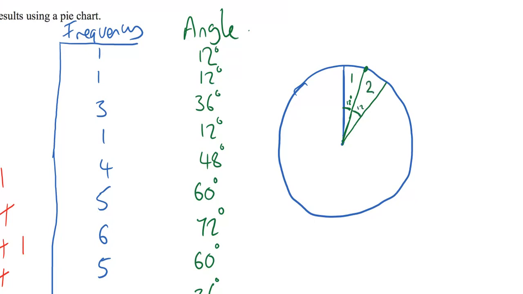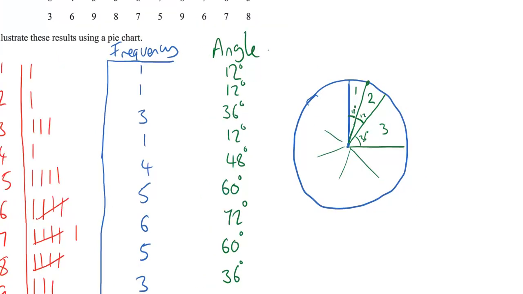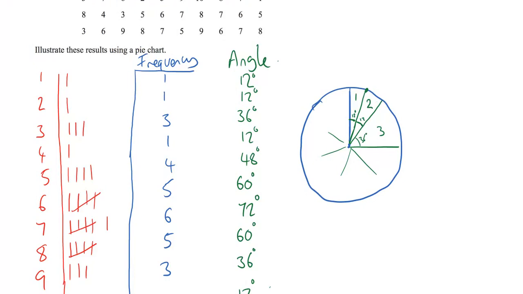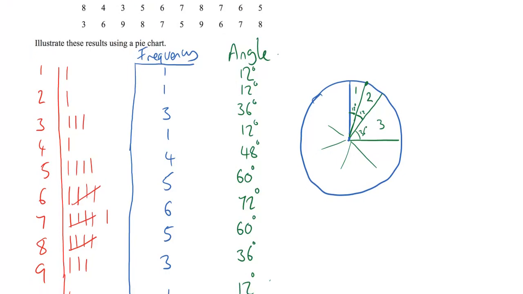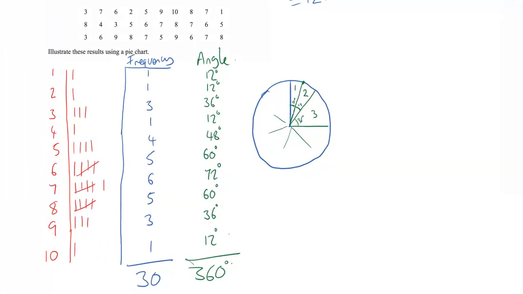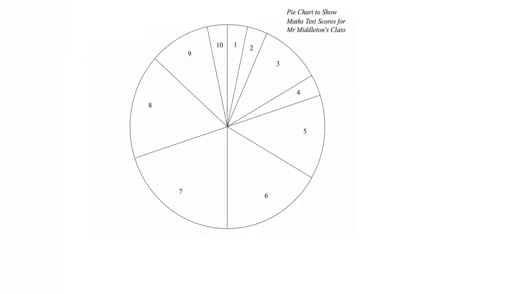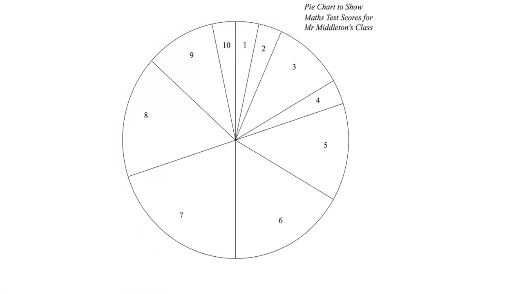Then we measure 36 degrees, and that will be the score of 3. If we go round the entire circle, we should end up back at the beginning, having used all of our 360 degrees. Now, I can't draw that using the technology I have in front of me, but I do have a pre-made example to show you.